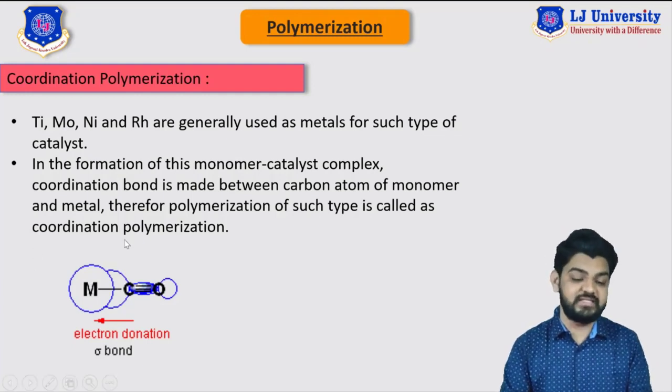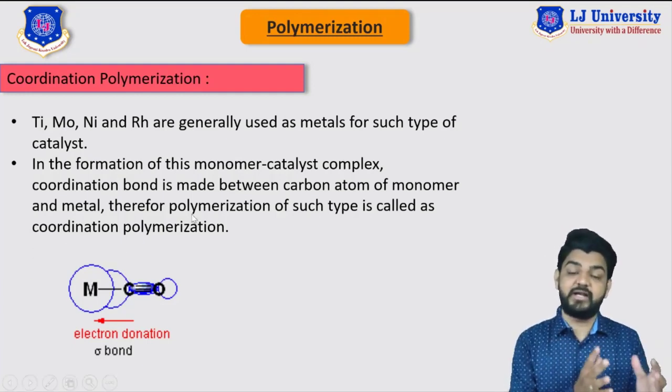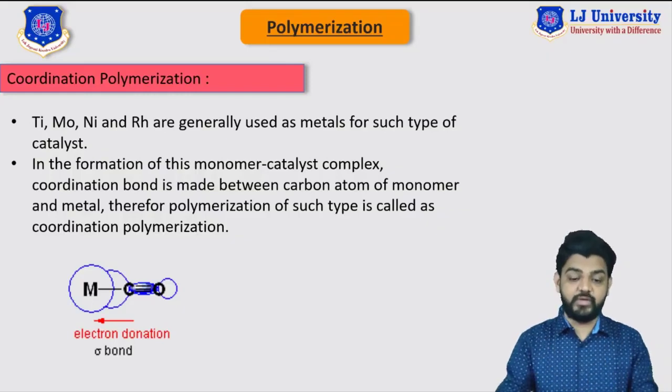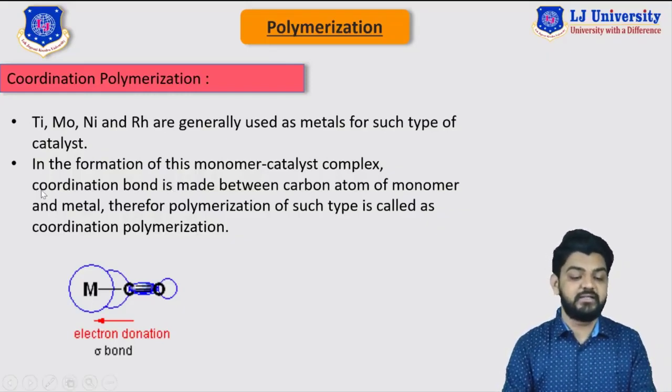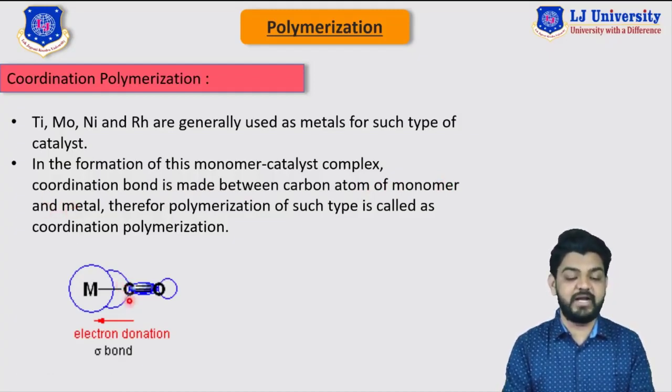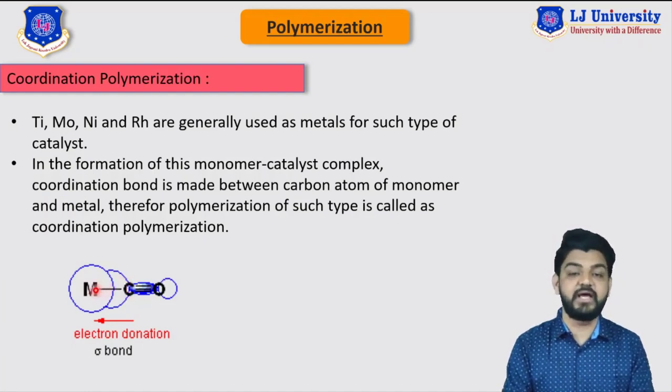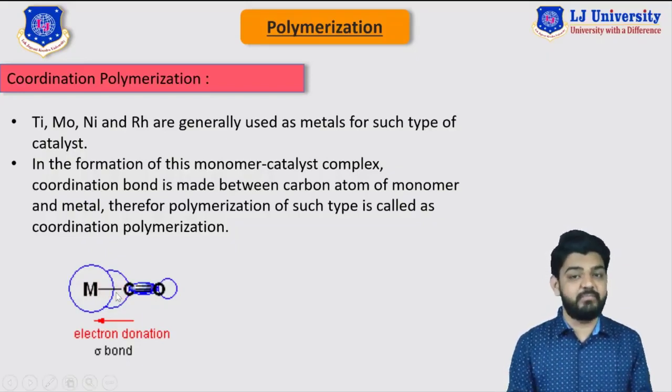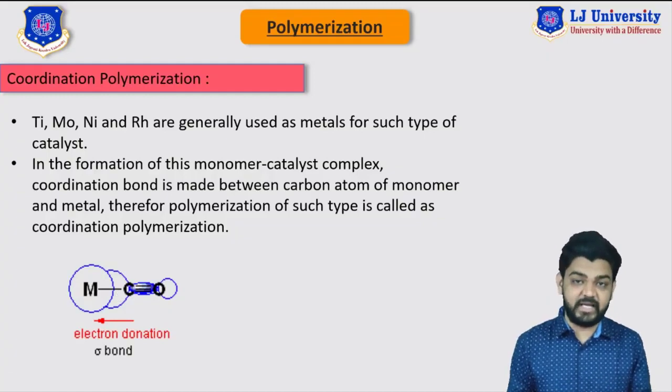You can see in this image that a carbon atom and the metal are joined together. This coordination bond is made between the carbon atom of the monomer and the metal. So the carbon atom inside the monomer is now attached to this metal, M. This particular bond is referred to as the coordination bond, and it is generally a sigma bond, which is not easily breakable.